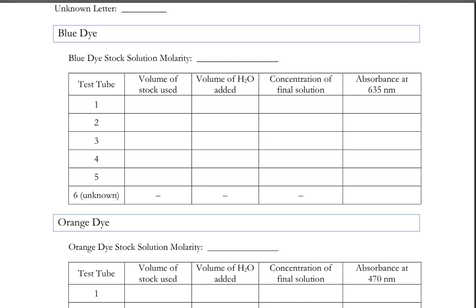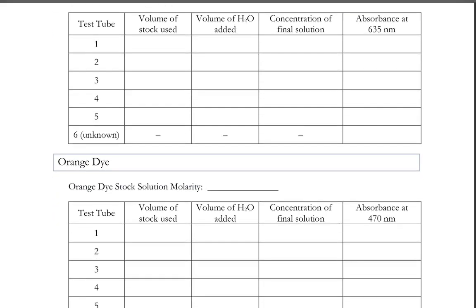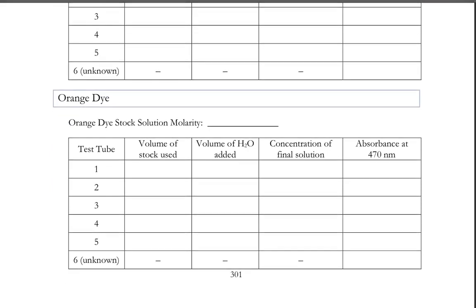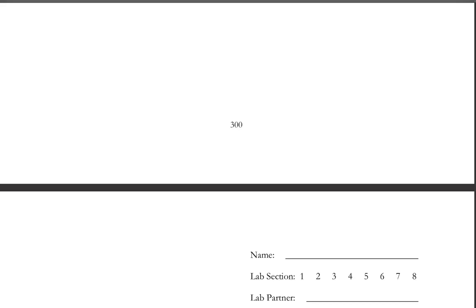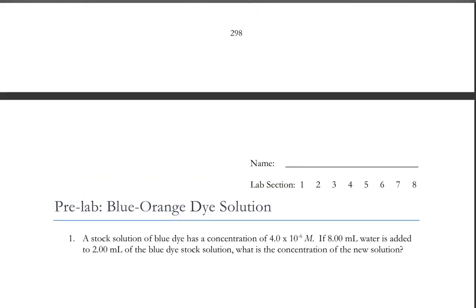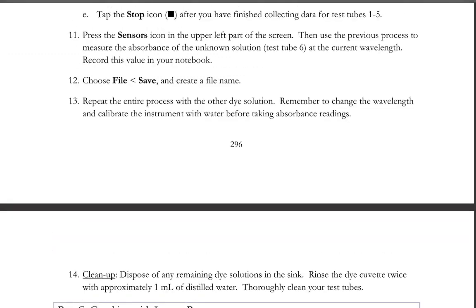V2 is the total volume, which will be for all of our test tubes 10 mLs, 10.00 mLs. And M2 then is the concentration of the final solution. So go ahead and prepare that for both the blue dye and the orange dye, so you have all those concentrations. Alrighty, now going back to our procedure where we left off.